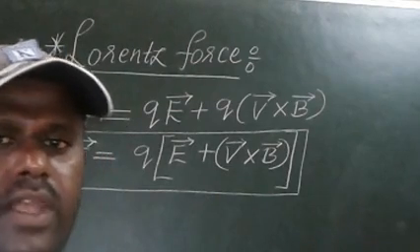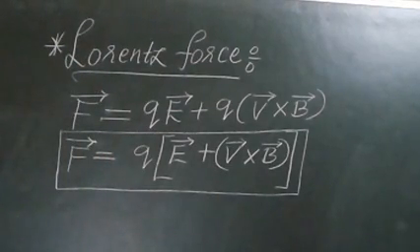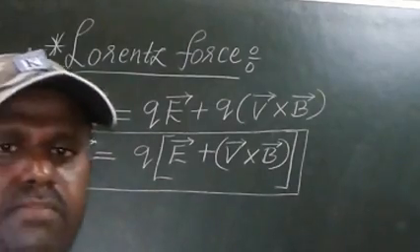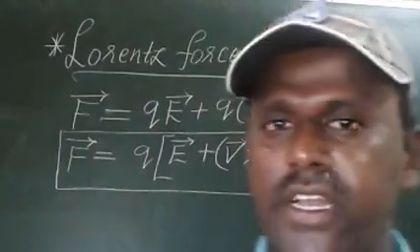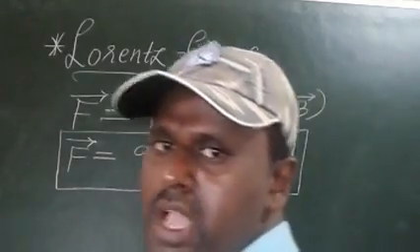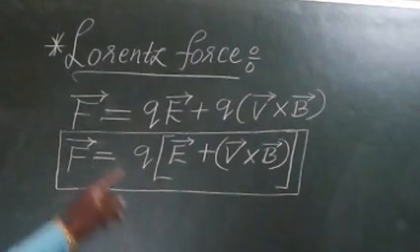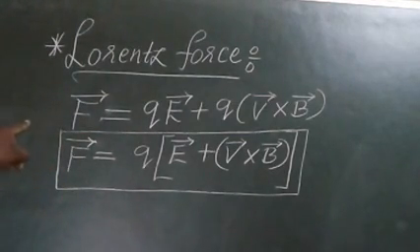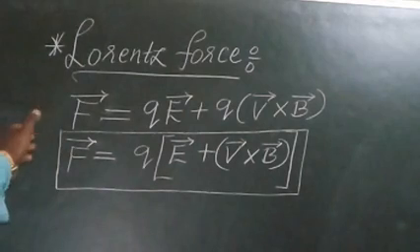How to define the term Lorentz force? Lorentz force is the force that acts on a charged particle which enters into the region of electric field and magnetic field. Here the Lorentz force is given as F vector. Force is a vector quantity.